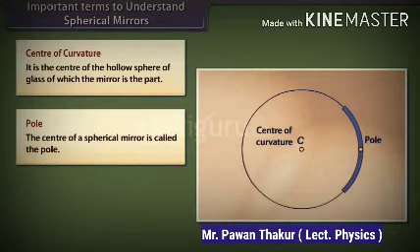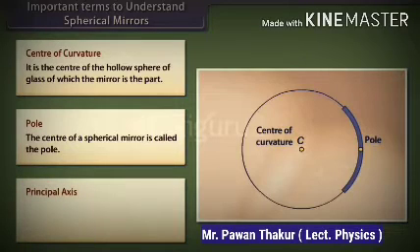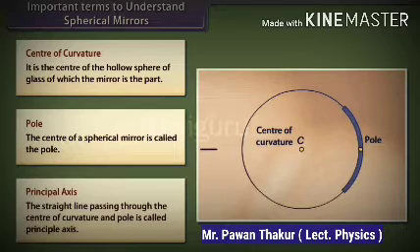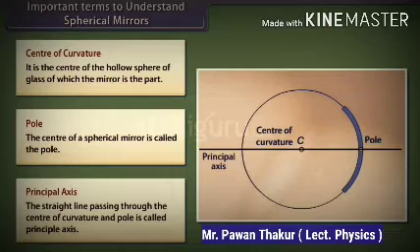Next term will be the pole. The center of the spherical mirror is called the pole. Principal axis. The straight line passing through the center of curvature and pole is called the principal axis.